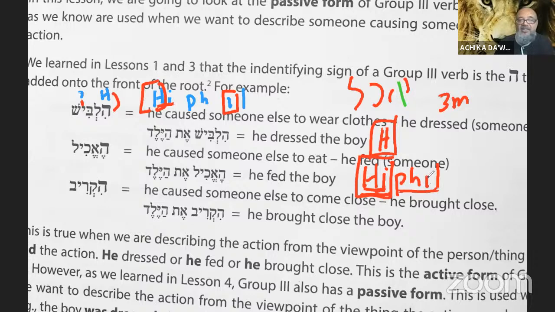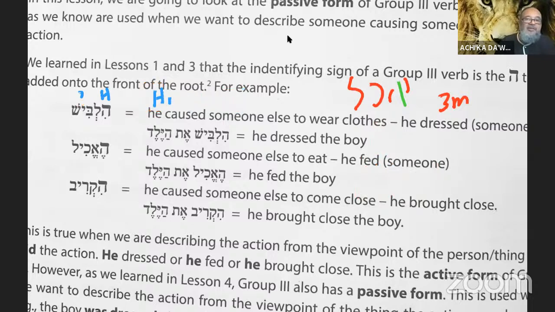The PHL are 3 letters, and then they put the I sound between the first two and the last one. Let me just help you understand. I wish it wasn't written backwards because it would be easier for me.